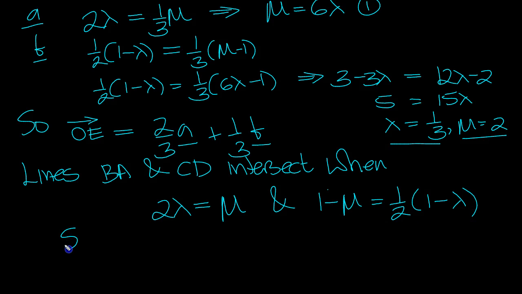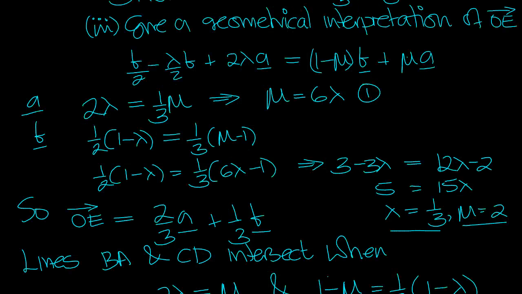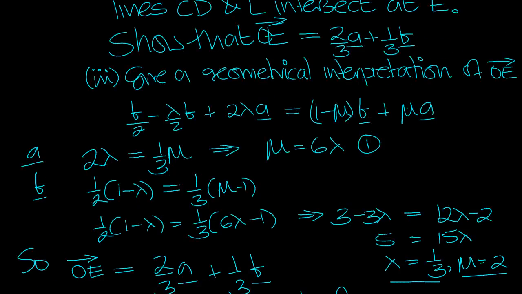So 1 minus 2 lambda then here is equal to a half minus a half lambda. So move this over, we get 3 lambda over 2 is equal to a half. So lambda will equal 1/3, won't it? So when lambda is a third, what do we get?